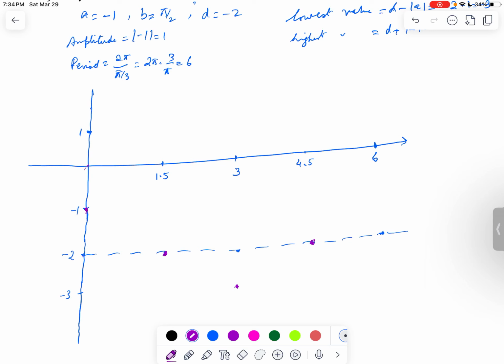So the point at -1 will come at -3, and the point at -3 will go to -1. Zeros will remain there, and at the 6 we had -1, but now we'll have it at -3.